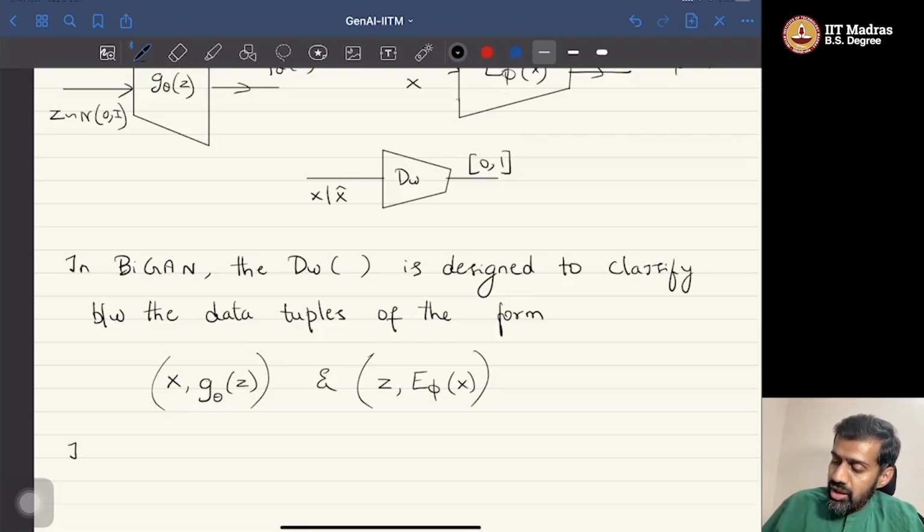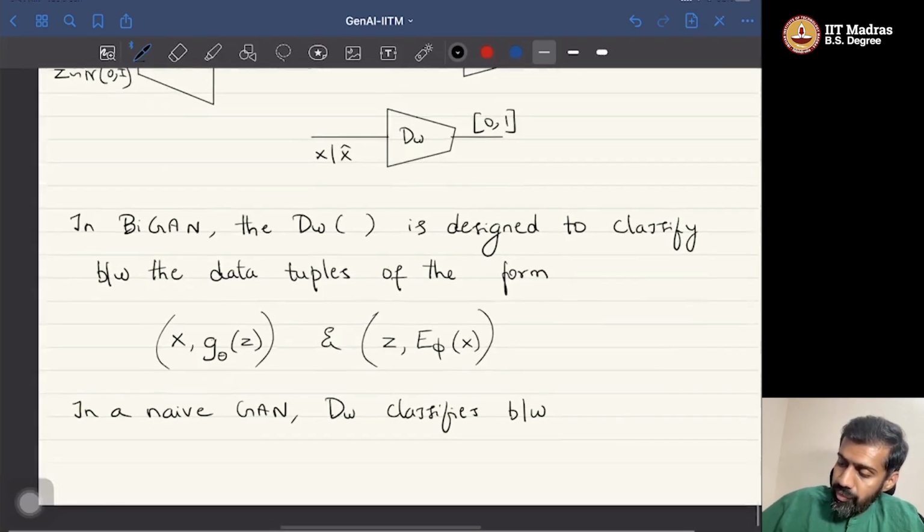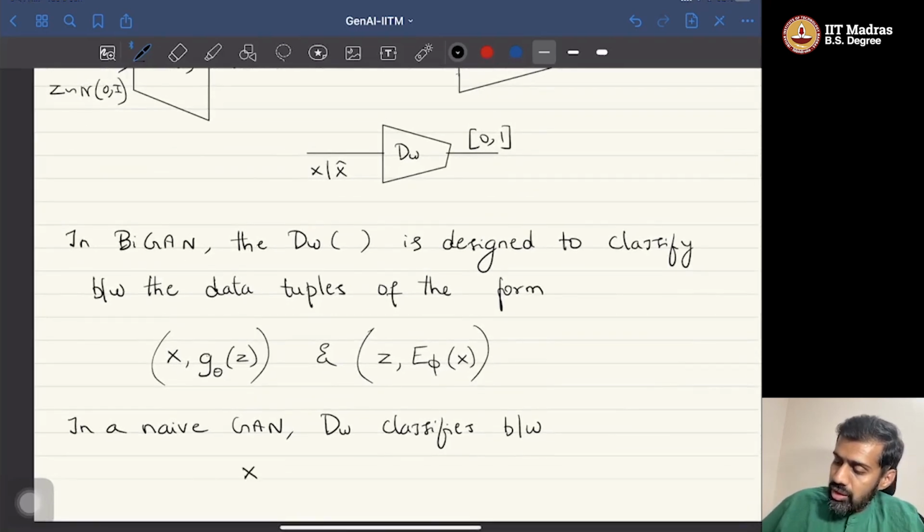So in a naive GAN, the D w network classifies between x and g theta of z, which is also x cap, right? The points from the true data distribution and the generated data distribution, right? That is what a discriminator does in a naive GAN.